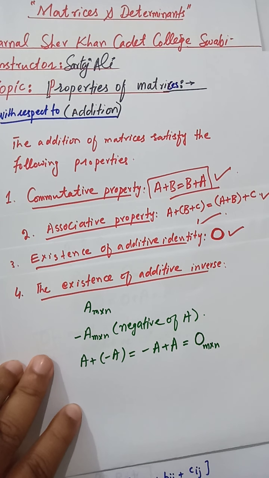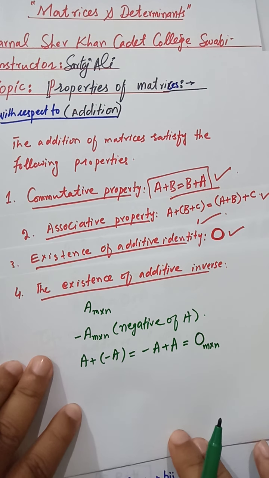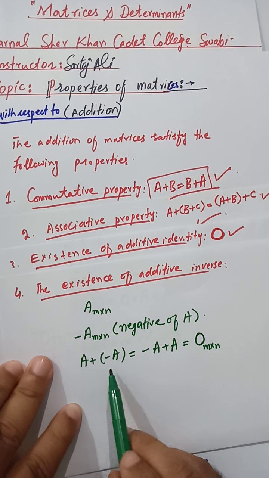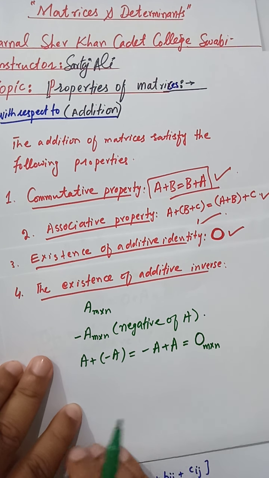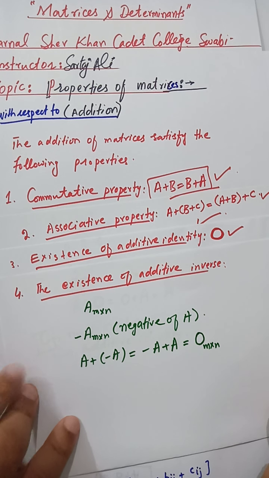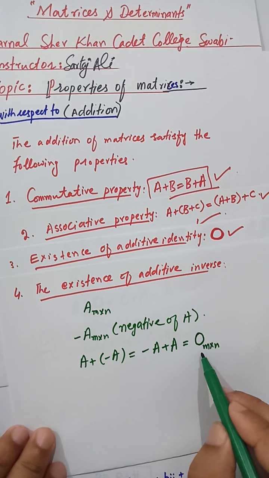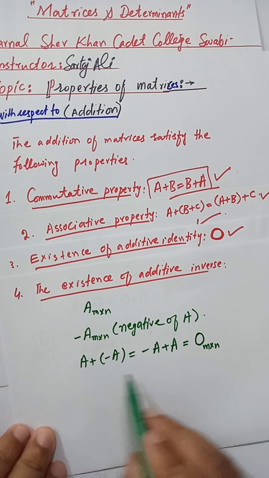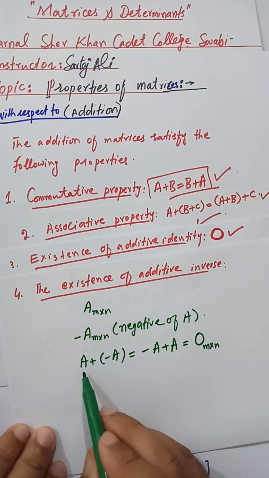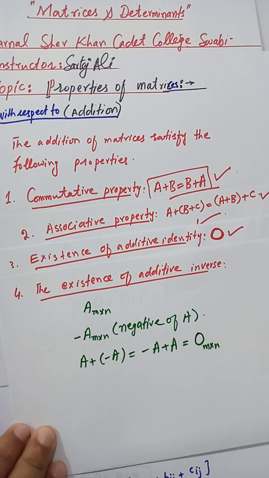So whenever you get the additive identity from some addition, then those two matrices must be additive inverses of each other. And remember, every matrix has its own additive inverse, but the additive identity is unique for all matrices. So whenever from the addition you get the additive identity, then these two are said to be additive inverses.